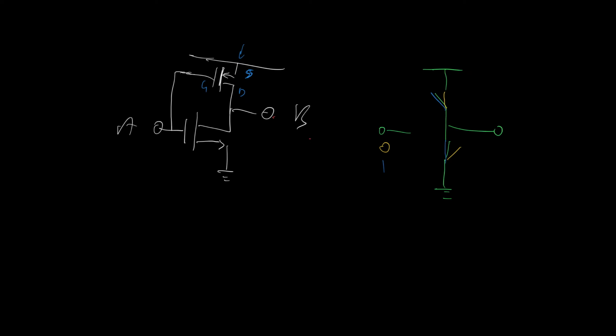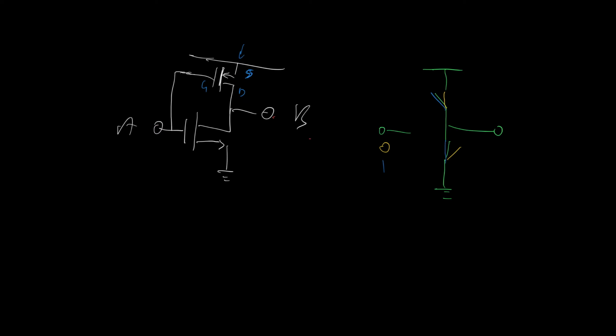Once again, it's the voltage between source and gate that determines how open or shut the channel is for a P-channel FET. So if A is at ground, we have a large voltage drop from source to gate that will allow the channel to conduct heavily, and therefore the output B is going to be our supply rail.